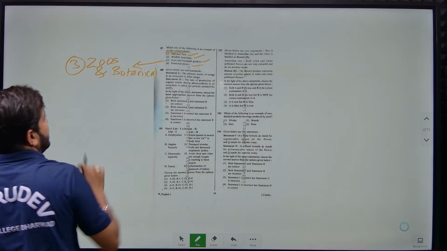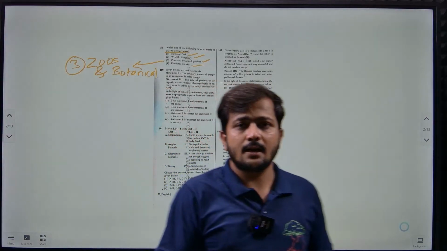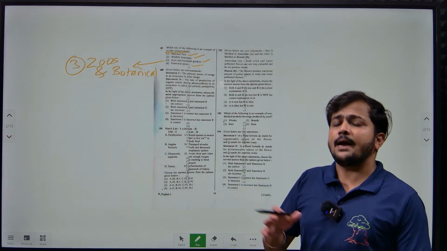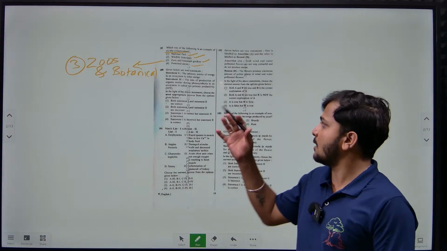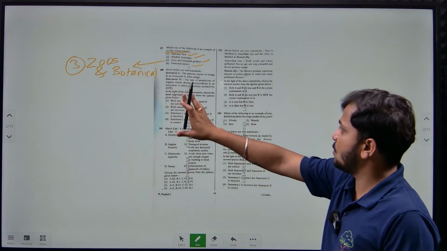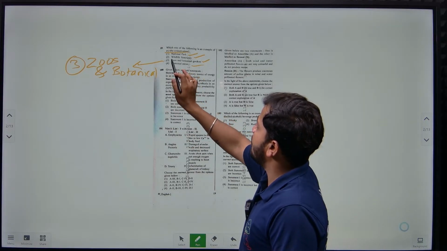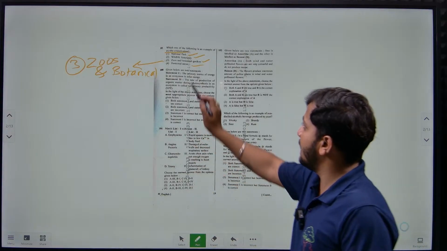Because the human being itself is going to construct the area where the endangered species are brought up and cultivated, right? That is zoos and botanical gardens. So option 3 is correct, related with question 99.